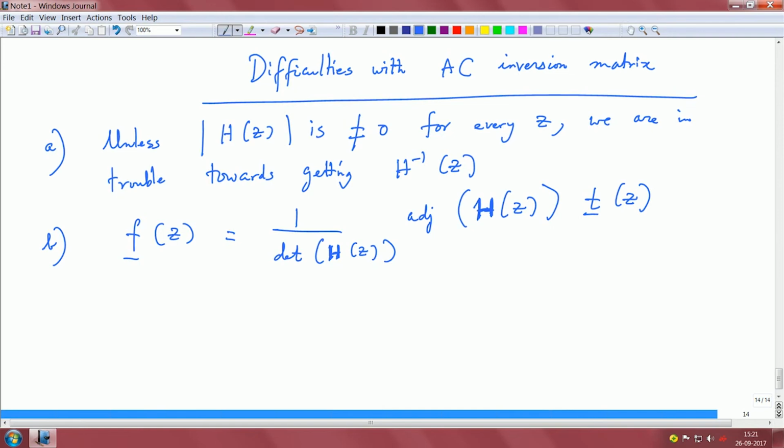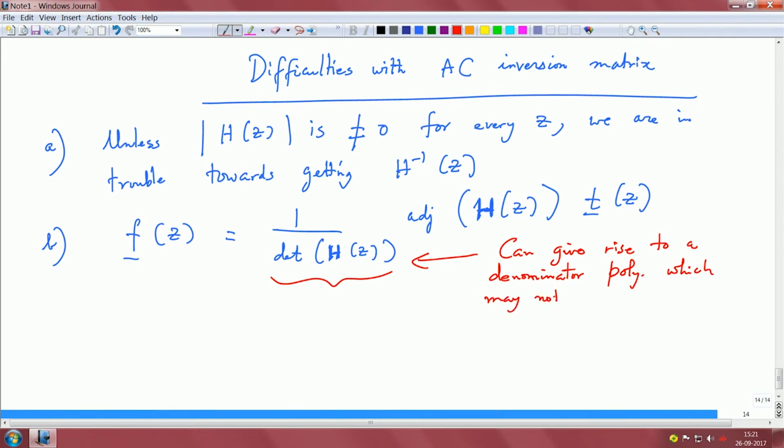If the analysis filters are FIR, synthesis filters can become IIR, because we have a denominator polynomial that can occur because of the determinant, which may not be just a delay with a gain.